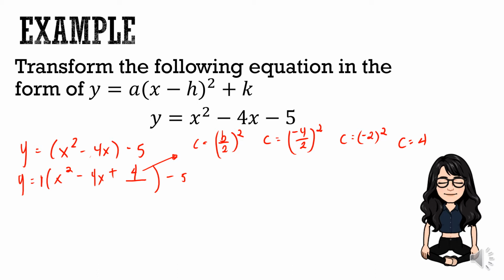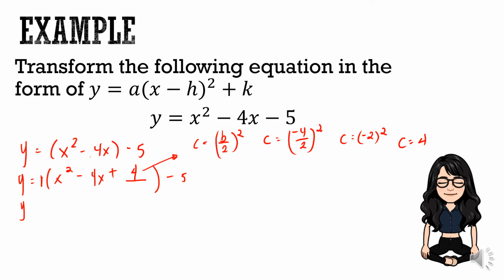So next step is to multiply the number outside the parentheses to the constant term 4 and add the inverse to the other side of this equation.